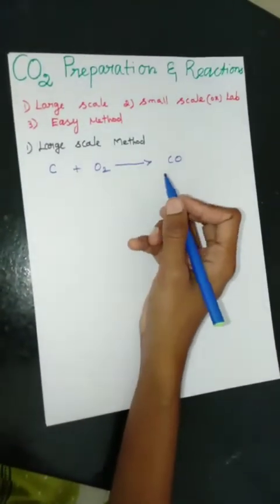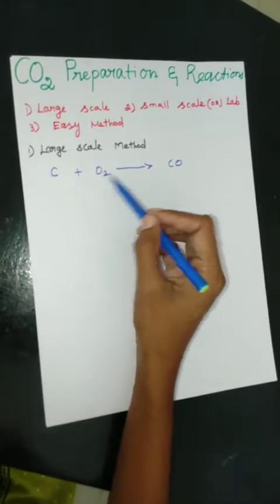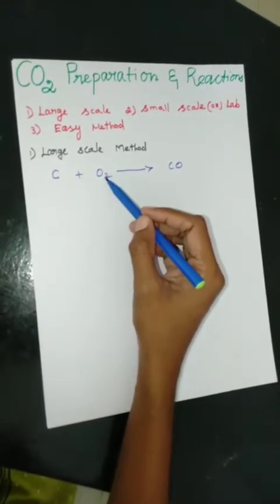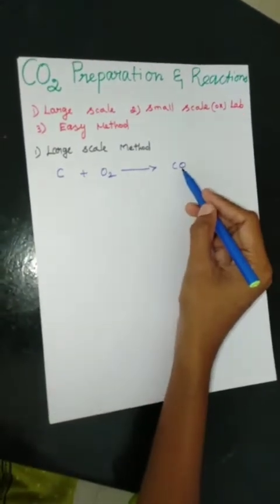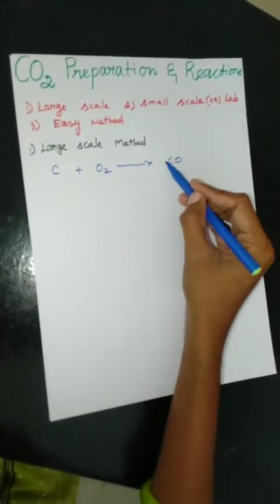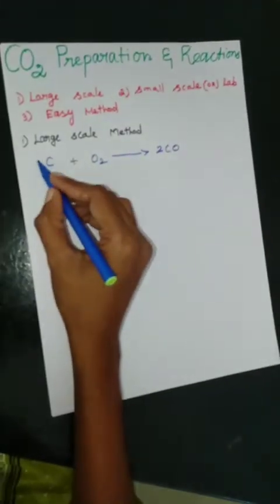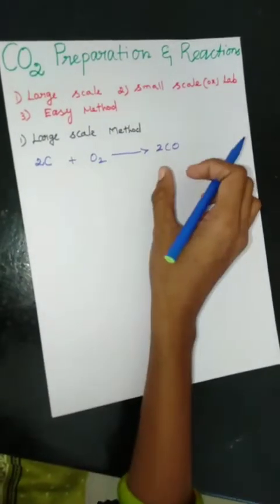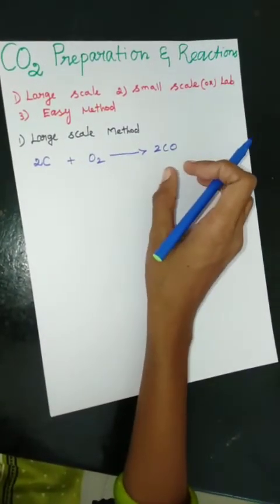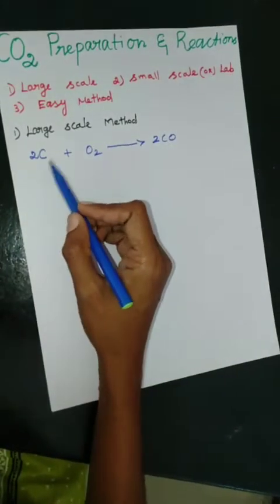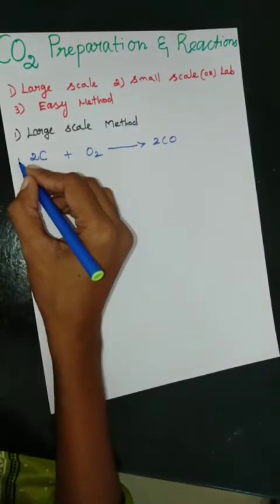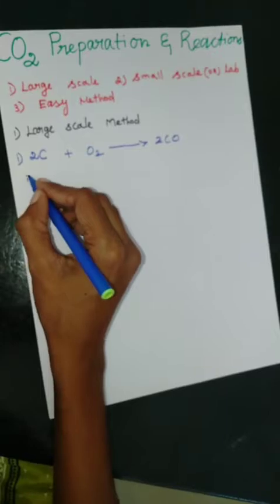So in the first equation பார்க்கலாம், oxygen இங்க 2 oxygen இருக்கு, but இங்க வந்து ஒரு oxygen தான் இருக்கு. To balance we put 2 here, and இங்க பார்த்தோம்னா 2 carbon இருக்கு. To balance we put 2 here. So நமக்கு இப்போ carbon monoxide தான் கிடைச்சிருக்கு. What we want to prepare is carbon dioxide only.